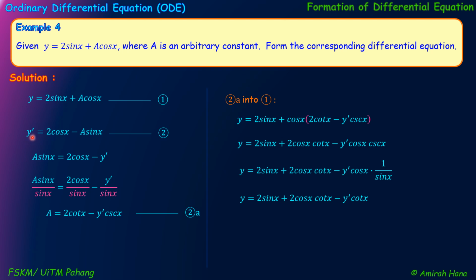But after that, we need to think how to eliminate this arbitrary constant a. So that's why we write a as the subject and then we substitute into equation 1 here. And after that, we successfully eliminate constant a. So this is the final answer.